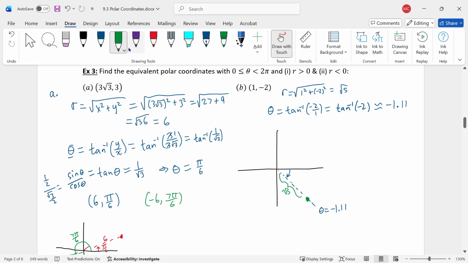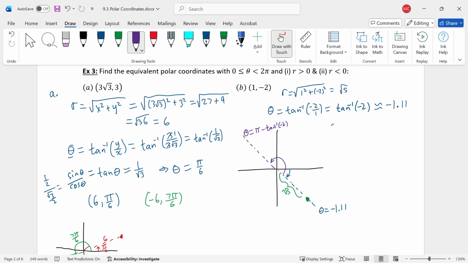But we can find those angles by just analyzing the graph. So if I was to go to the opposite angle here, all right, what's this angle? It's theta equals pi minus 1.11. Or if we were being really more accurate, we would say pi minus tangent inverse of negative 2.